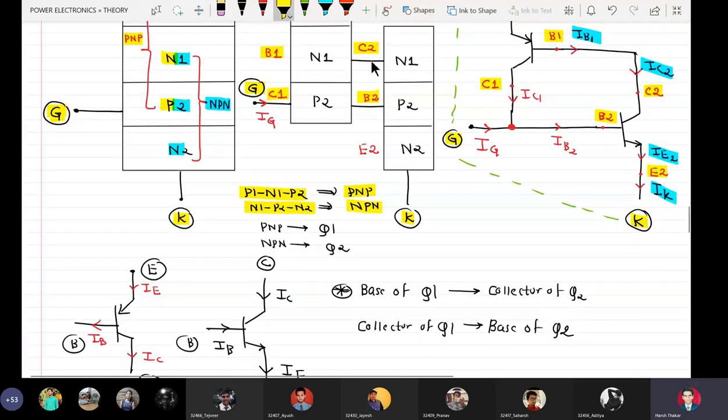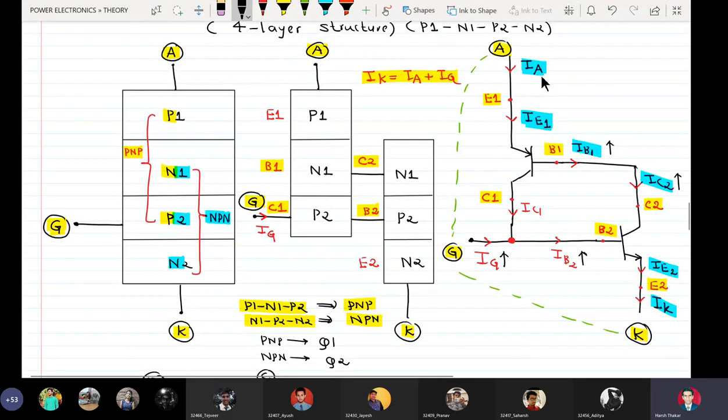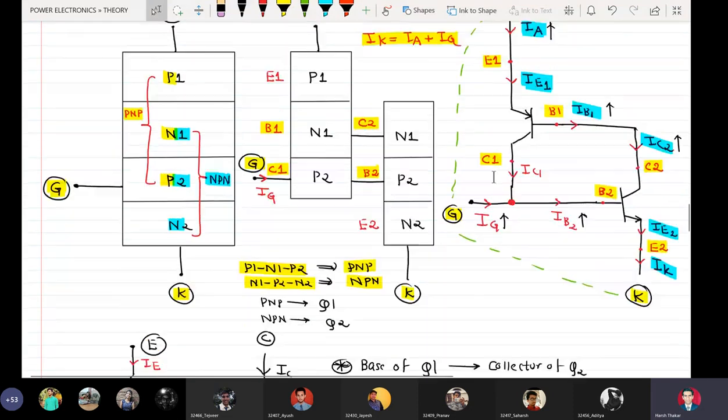So if IG increases, IB2 increases. When IB2 increases, IC2 increases. When IC2 increases, IB1 increases. And when IB1 increases, IA increases, right?